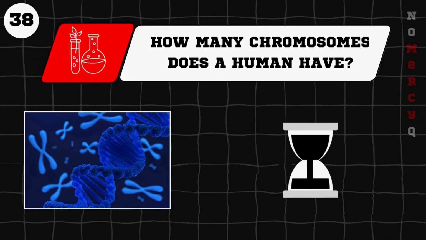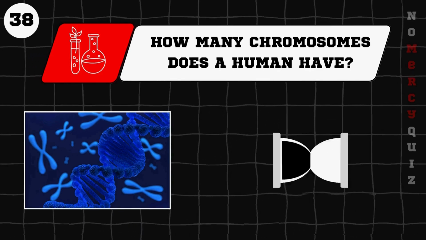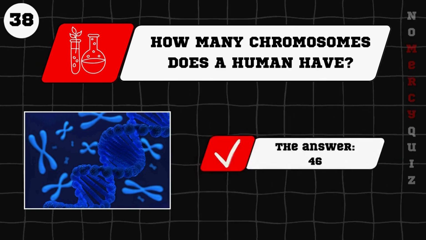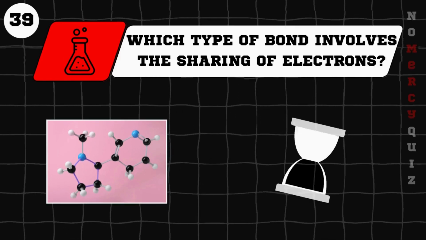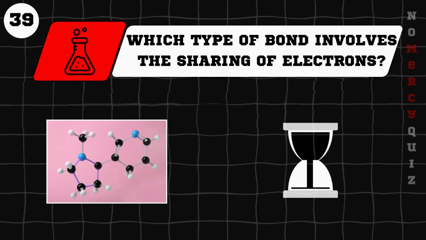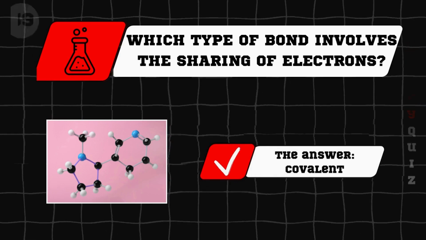How many chromosomes does a human have? 46. Which type of bond involves the sharing of electrons? The covalent.